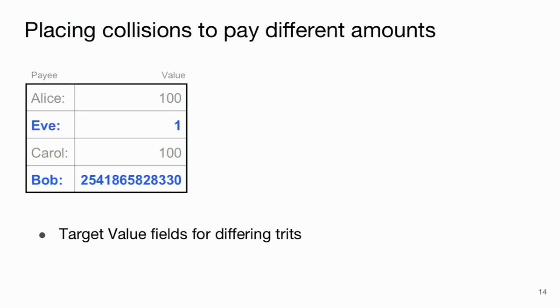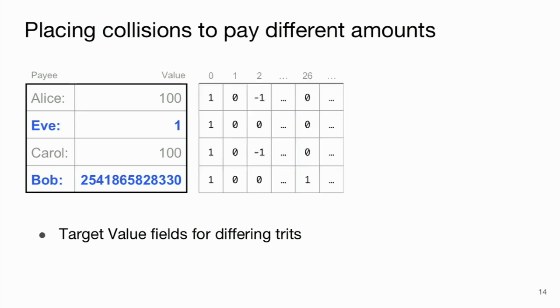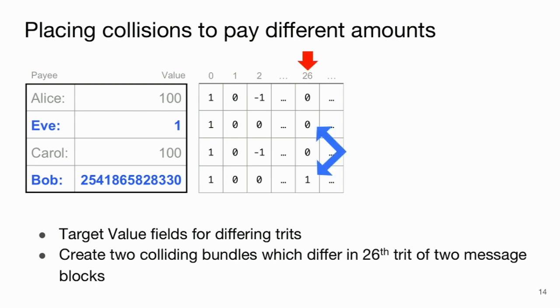So what Eve is going to do is take this bundle and look at what it looks like in trit representation. These are the trits of the value field. These are the things that are going to go into the hash function. And she's going to fiddle with some of the trits in a very careful way. So here you can see that in the value that goes to her, there's a 0 in the 26 trit column, and in the money that goes to Bob, there's a 1.